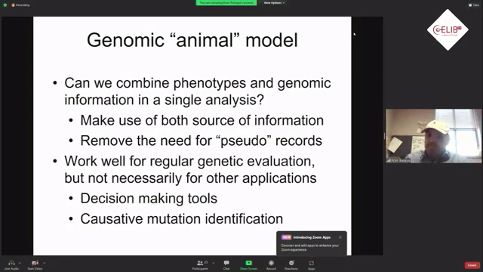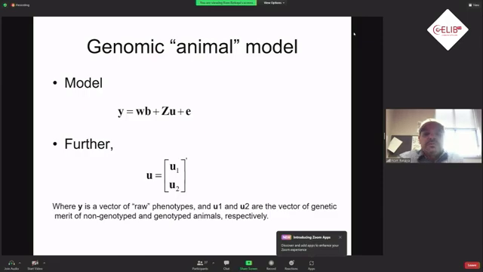And that single analysis will have a variance covariance matrix. It's not A inverse as with the pedigree alone. It's not G as with the genomic information alone. It's going to be a matrix H, which blends A and G. And that will be the final matrix used in implementing this kind of model within a single step analysis.